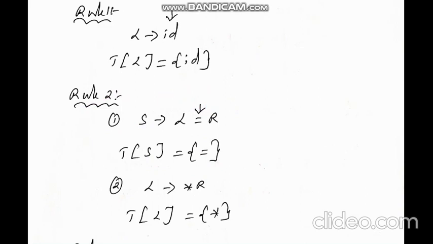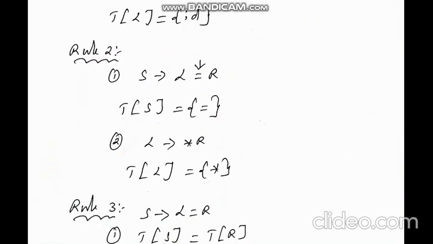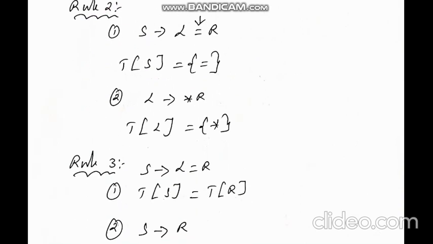Then the second part in this rule number 2, you can check it. We have exactly one part here, that is the center, exactly where these terminals are beginning. Here you can find it: S tends to star R, sorry, this star is a terminal and this R is a non-terminal.